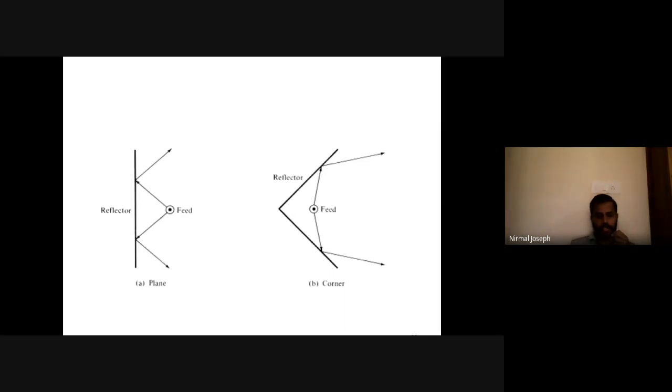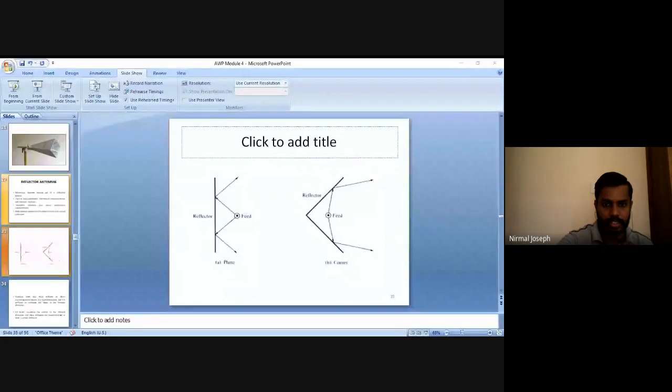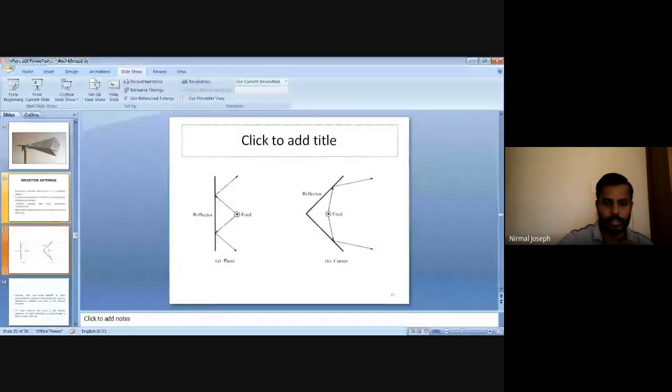The plane reflector cannot concentrate waves into a particular point, whereas the corner reflector can concentrate waves into a particular direction. That is the major difference between a plane reflector and a corner reflector.